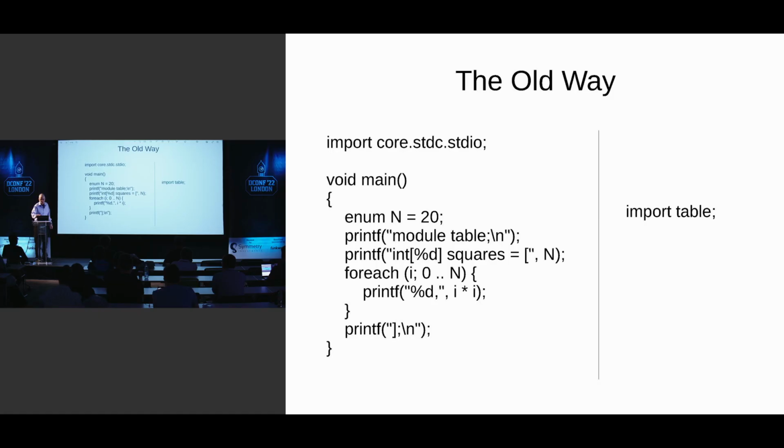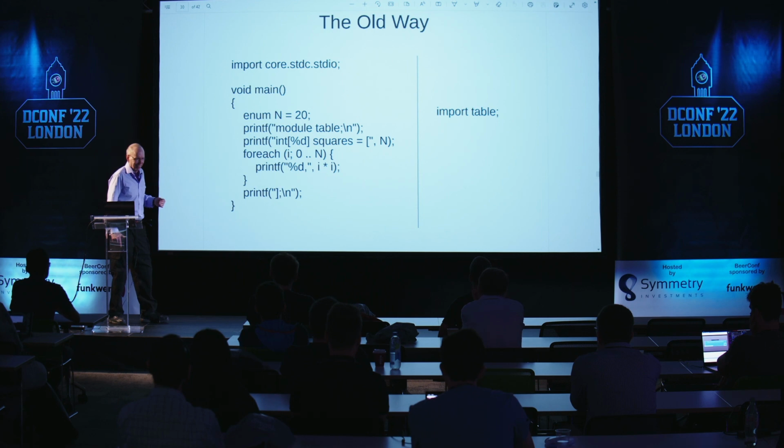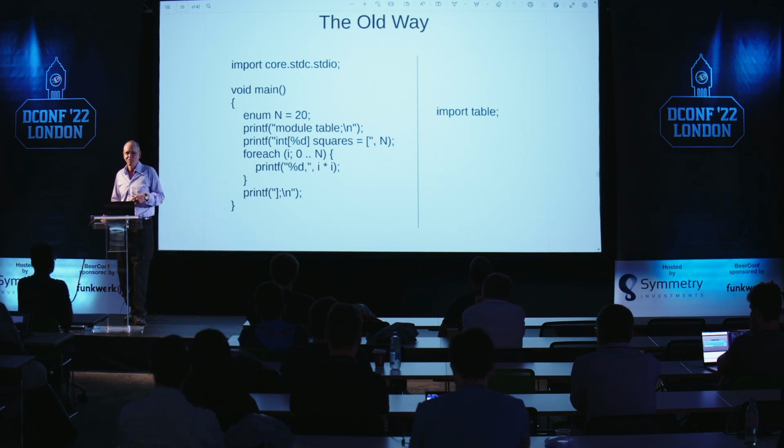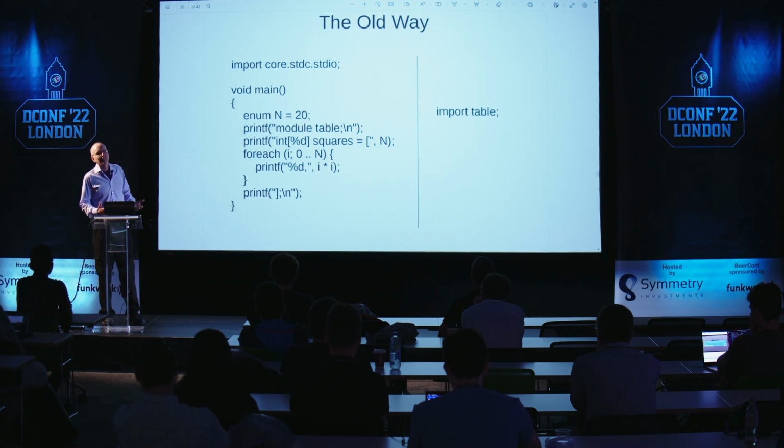Okay, here's the old way I used to do it, is I would actually write a program to generate C code and later on D code to generate the table. And you can still see vestiges of that. I think it's all been finally removed from DMD, the compiler. People who've worked on it for a while know that it was actually a two-level compiler.